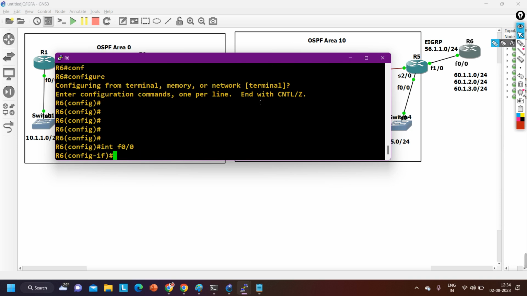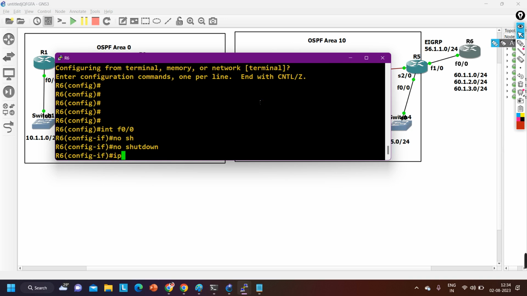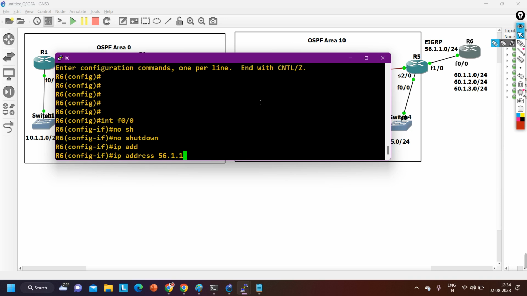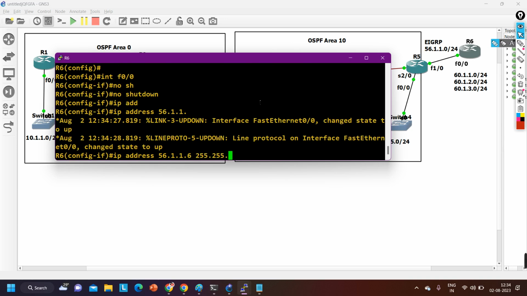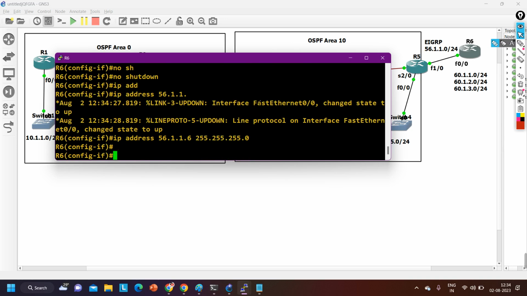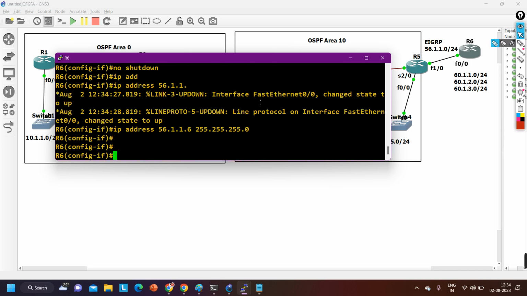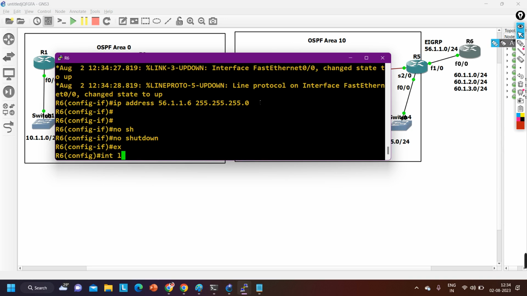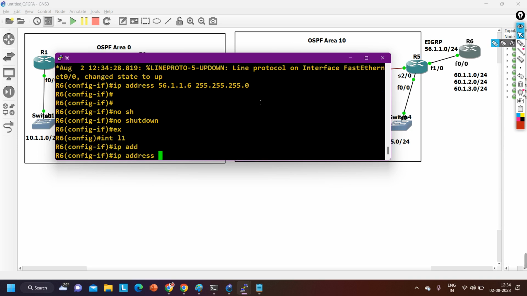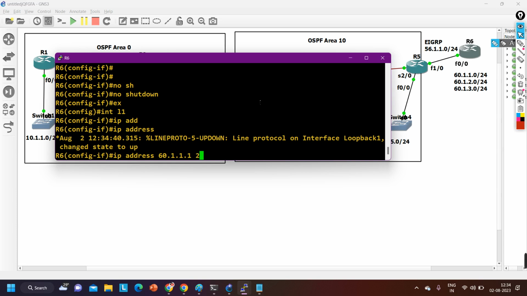Interface F0/0, no shut, IP address 56.1.1.6, 255.255.255.0. Interface loopback 1, IP address 60.1.1.1 with mask 255.255.255.0.